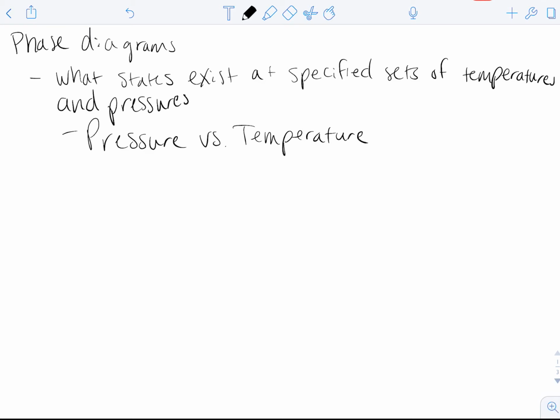Okay. And how this differs from what we've already seen, which is a heating curve or cooling curve, is our heating curves are at 1 atmosphere. Our phase diagrams are at all sorts of different pressures.